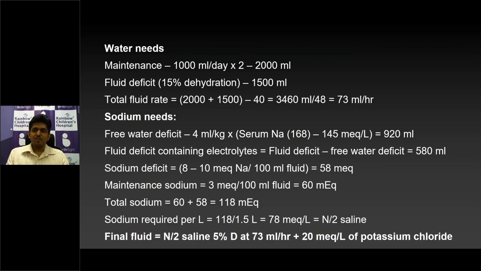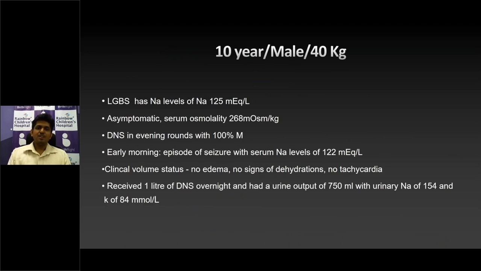So you give enteral feeds at a higher maintenance, or at 100% maintenance, but you add the free water alone as potable water, at 4 ml per kg into the deficit. You have to add that potable water enterally. So the gut itself will regulate the fluid and electrolyte imbalance, and there will be a steady fall in serum sodium. So coming to the next patient, it's the LGBS.